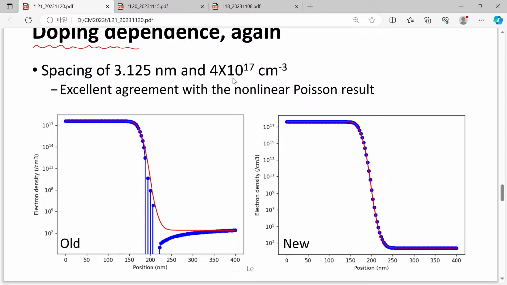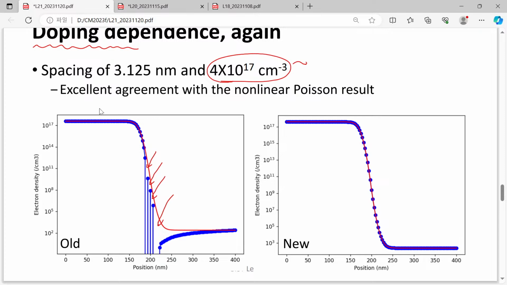But when we introduce a certain doping density, we can find some negative electron densities at those points, but that is also gone in the Scharfetter-Gummel discretization.